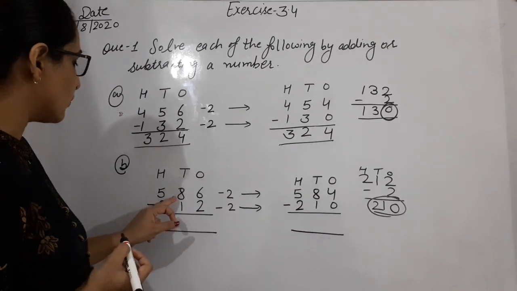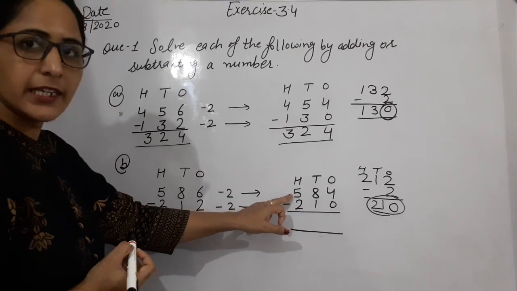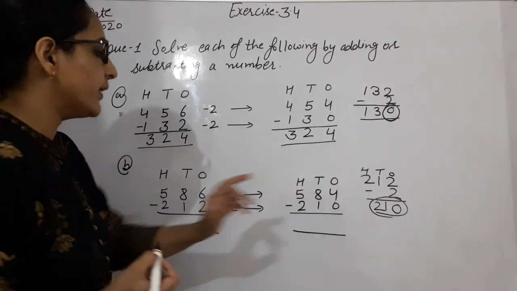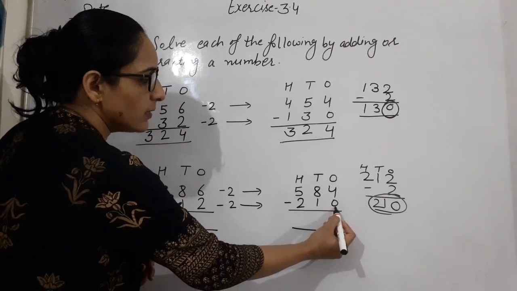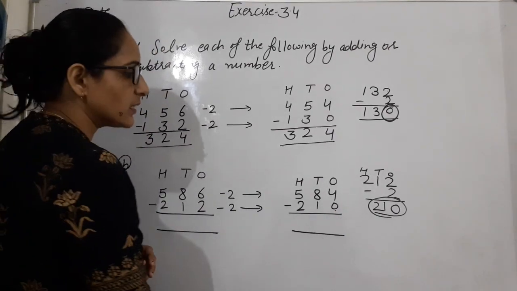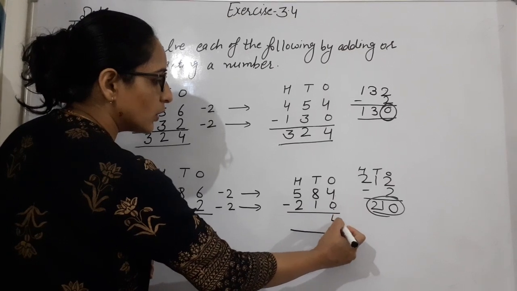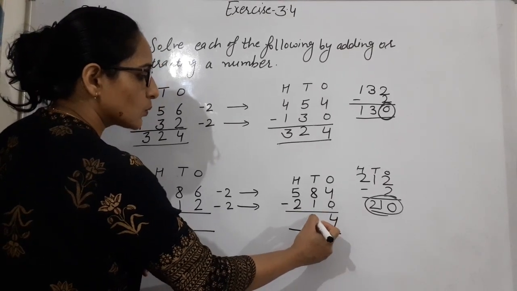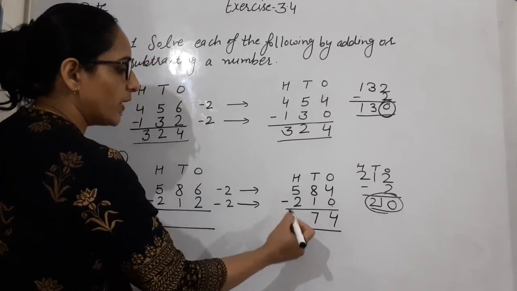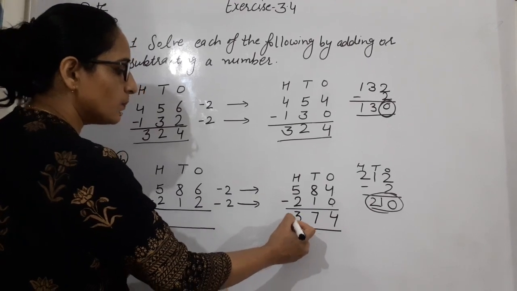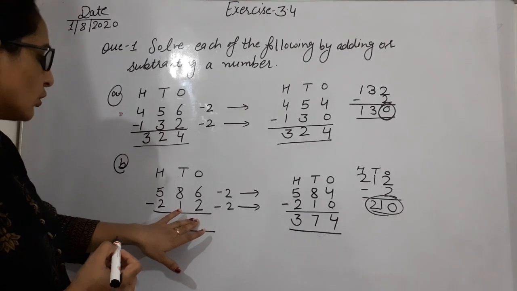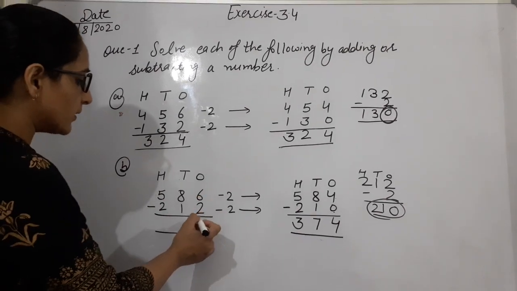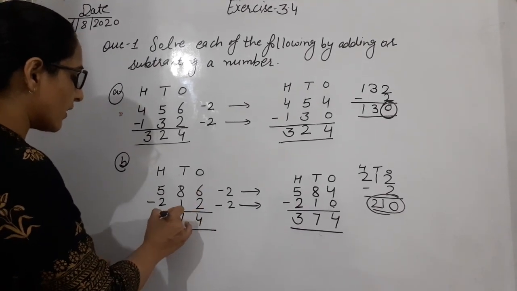Let's see the answer which we get. It's 584 and 210. We convert the ending digit to 0. Now easily we can subtract. 4 minus 0 equal to 4, 8 minus 1 equal to 7 and 5 minus 2 equal to 3. It's 374. Now do the solution of that one also. 6 minus 2 equal to 4, 7 and 3.